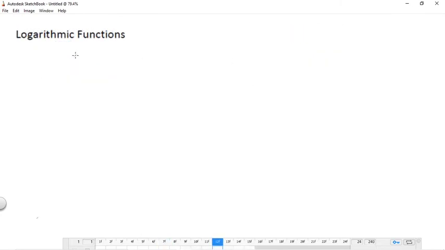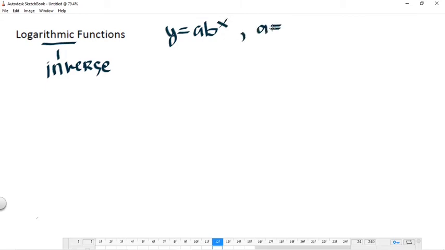Another type is logarithmic function. This is the inverse of exponential function. For exponential function, it is in the form y is equal to ab raised to x. For example, let's just say a is equal to 1.